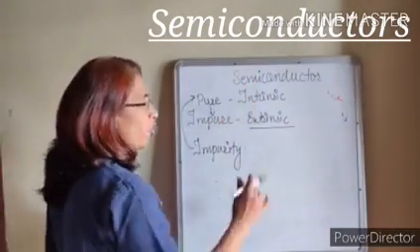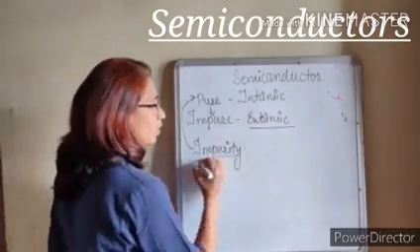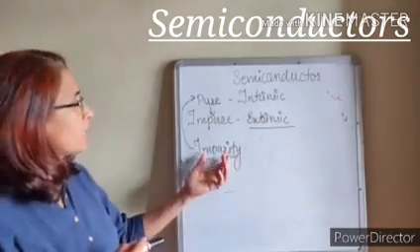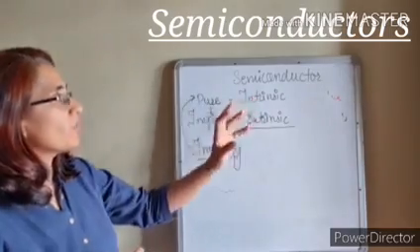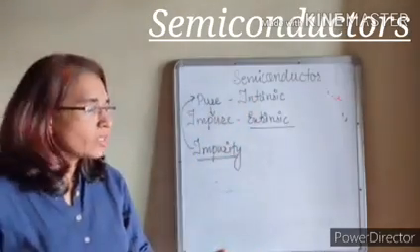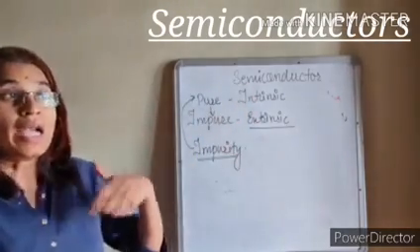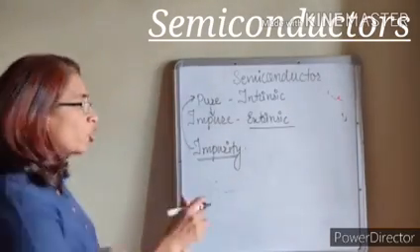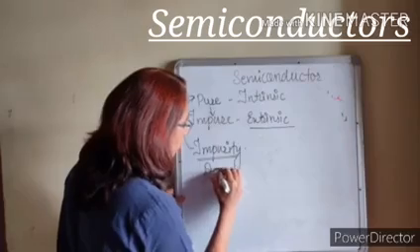This impurity is of two types. I said that when we add some impurity to the pure type of semiconductor, we get the extrinsic type of semiconductor. Adding some impurity to a pure semiconductor is called doping, and this is a very important process.